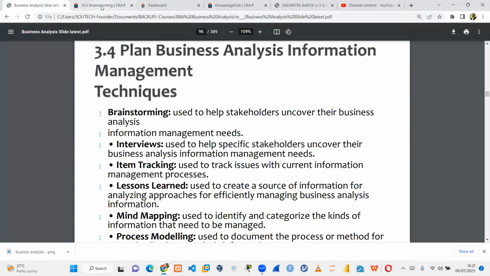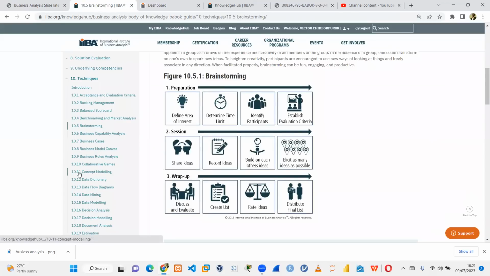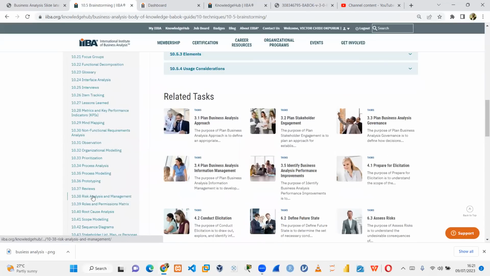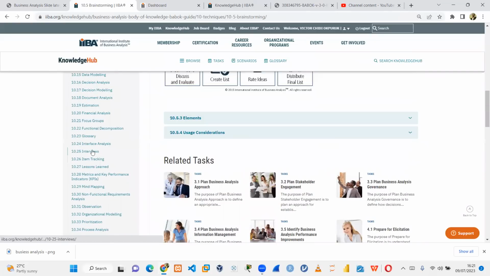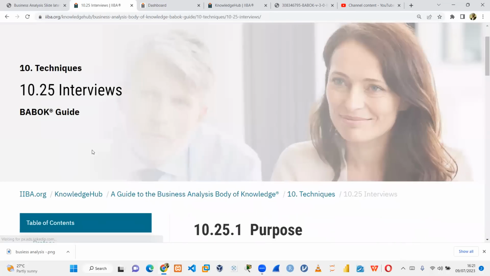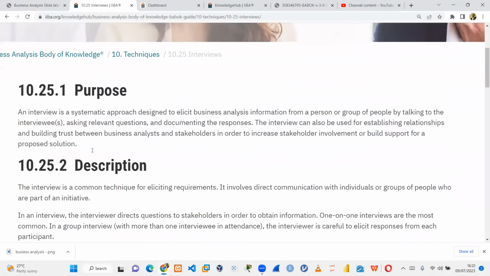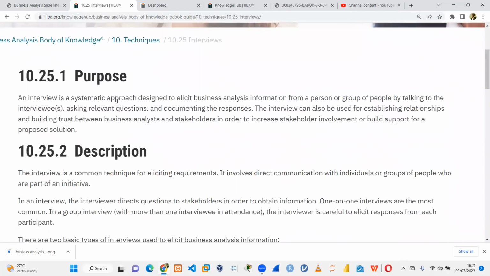Then we have interviews. How do you carry out interviews? Interview is a type of technique. So what's the purpose of an interview? An interview is a systematic approach designed to elicit, to derive, to collect business analysis information from a person or group of people by talking to the interviewees, asking relevant questions and documenting the responses.